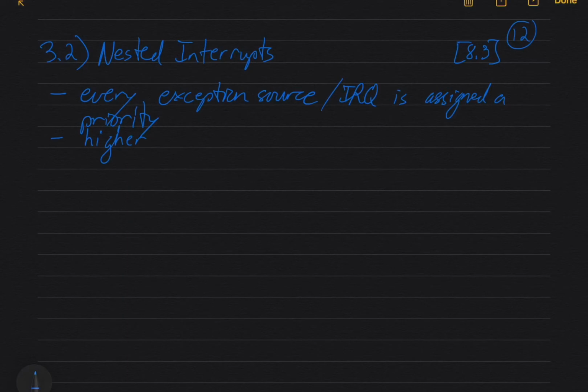So higher priority IRQs can interrupt lower priority ISRs. So you're running an ISR for a lower priority interrupt request, and a higher priority request can still be allowed through. So that's what a nested interrupt is.